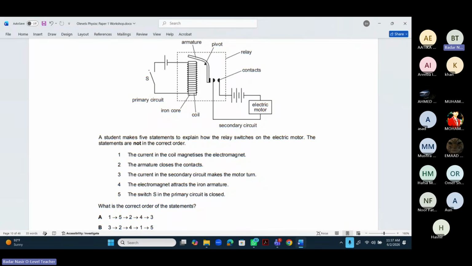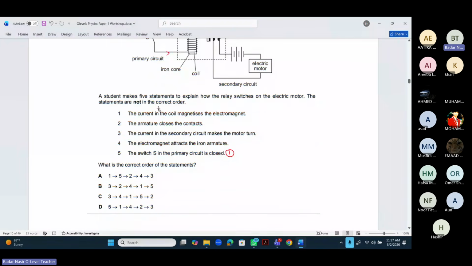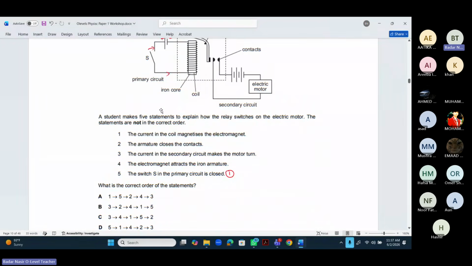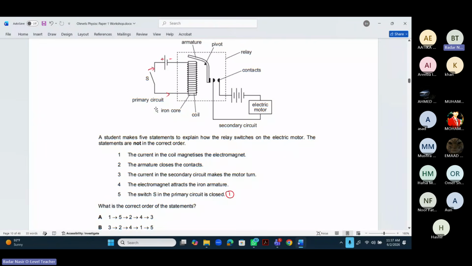So सबसे पहले हम क्या करते हैं? We close the switch. Once you close the switch, the current starts flowing into the electromagnet. और जैसे ही current electromagnet से flow करता है, this electromagnet is strongly magnetized.